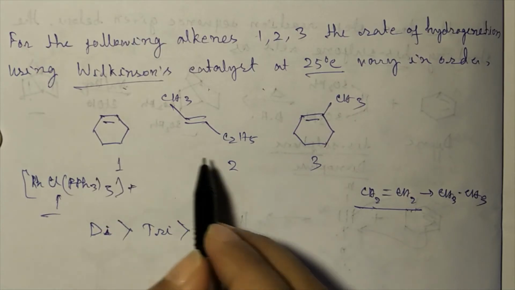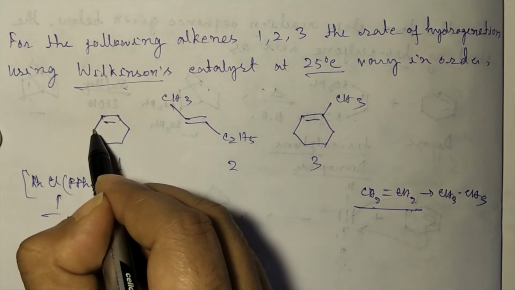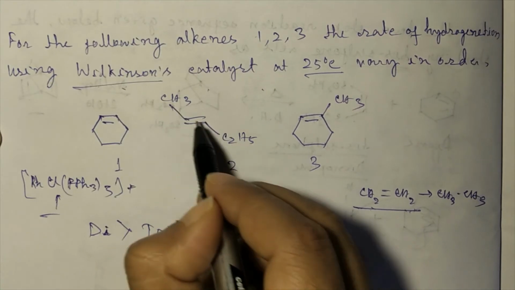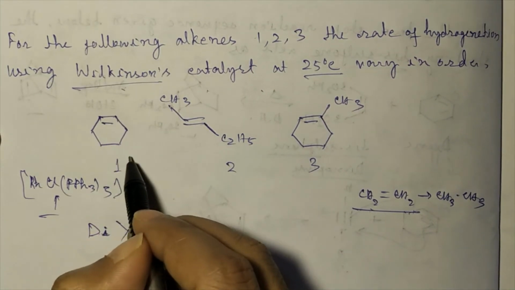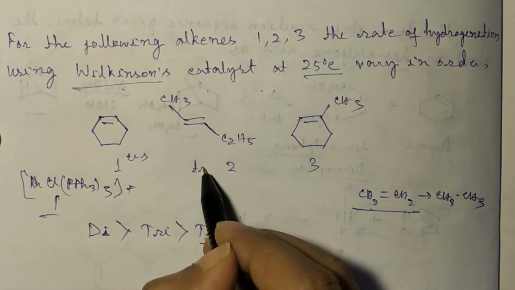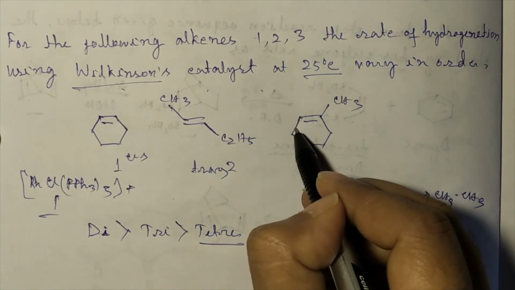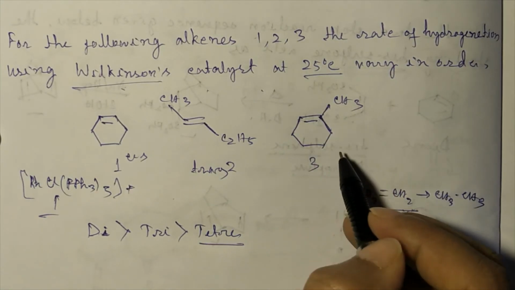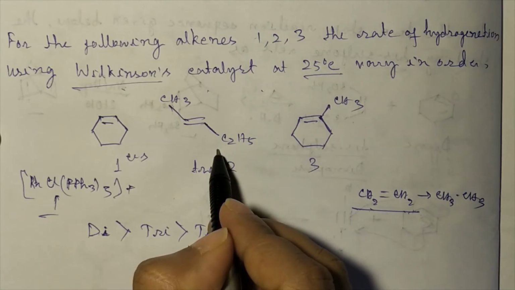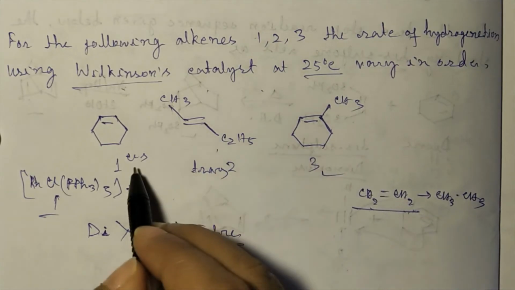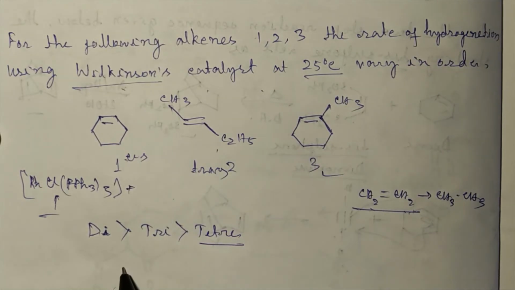Now as we can see here, this is a disubstituted alkene, this is also a disubstituted alkene, this is cis and this is trans, and this is a trisubstituted alkene. So the rate for these two will be higher than 3, and between cis and trans the rate of reduction for cis alkene will be higher than trans alkene.